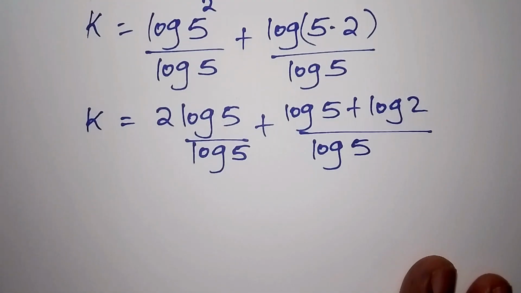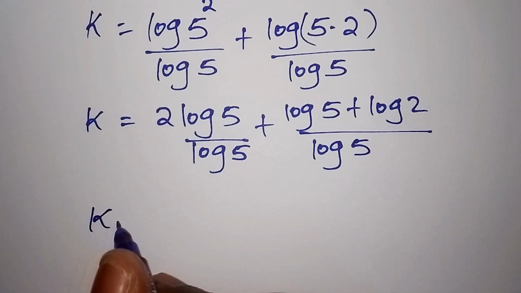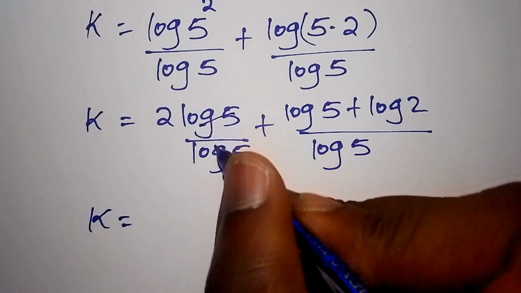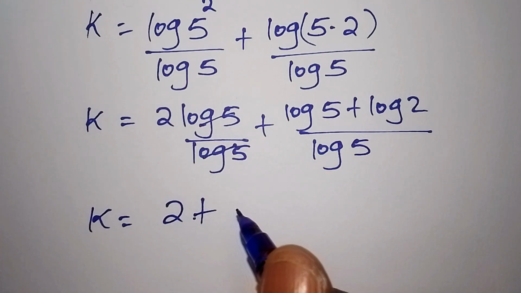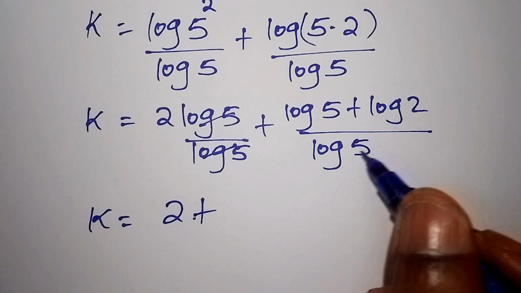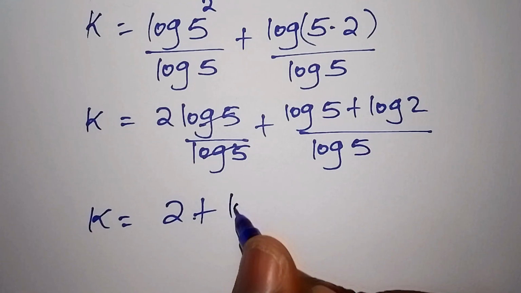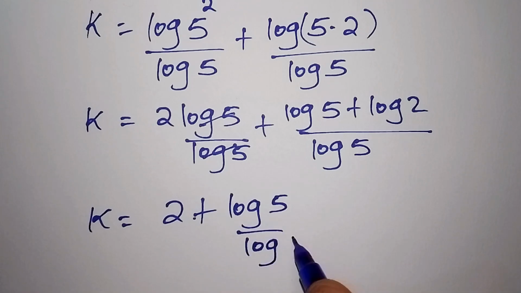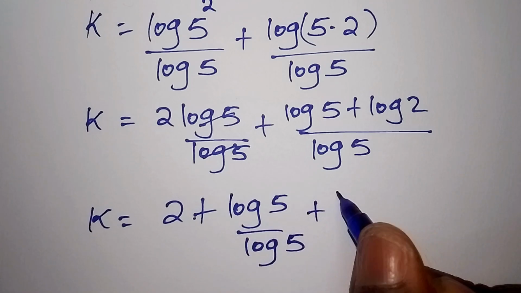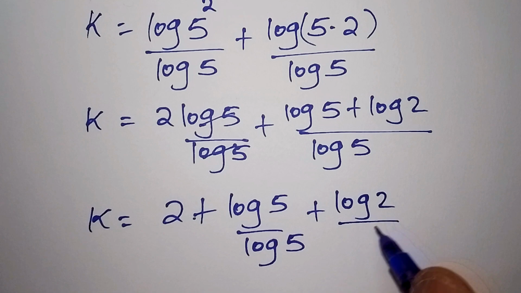So now the value of k is equal to, log 5 and log 5 cancel, so we remain with 2, plus, dividing through by the log of 5, the log of 5 all over the log of 5 plus the log of 2 all over the log of 5.